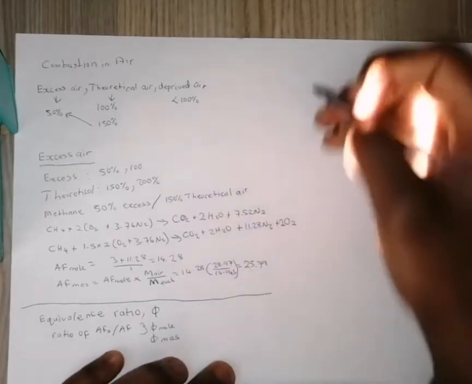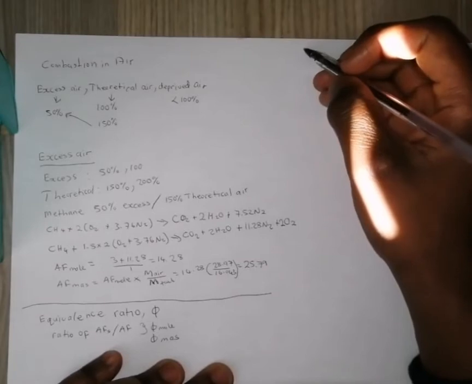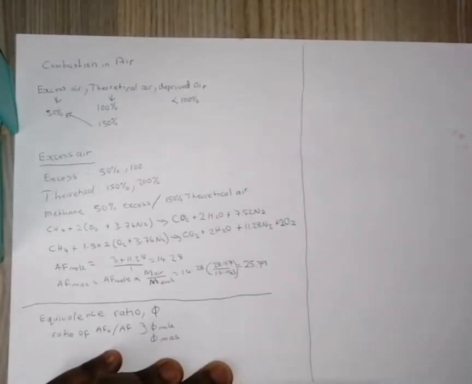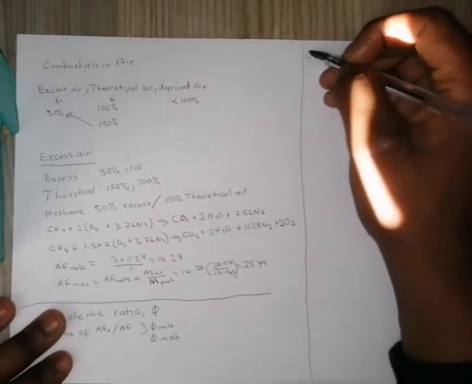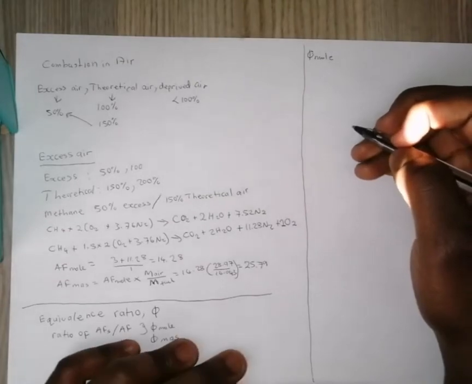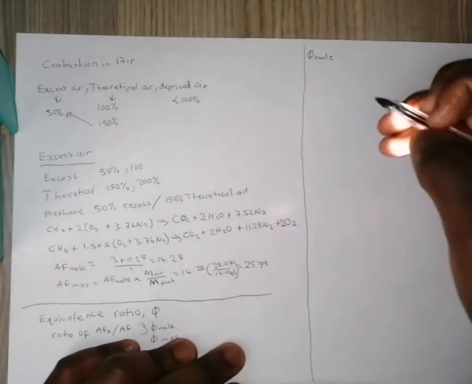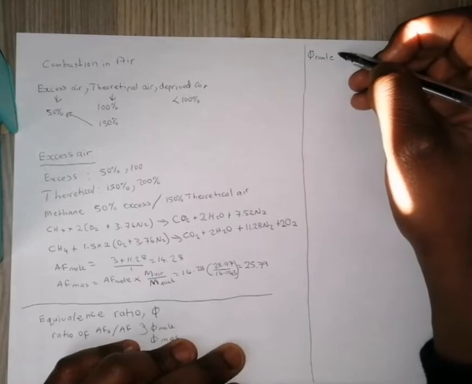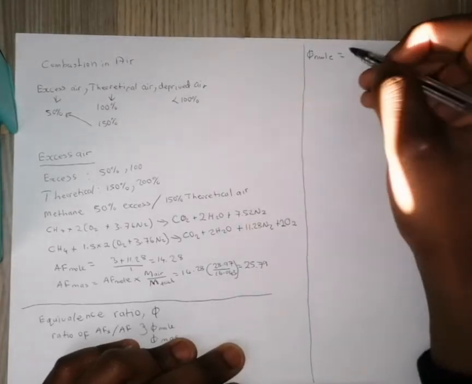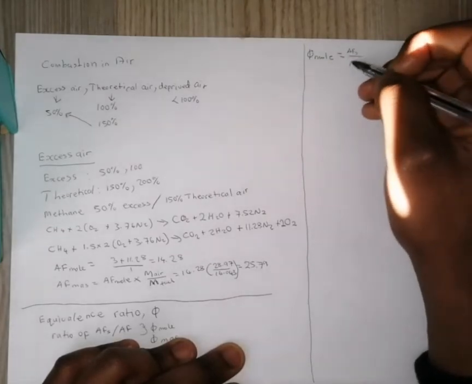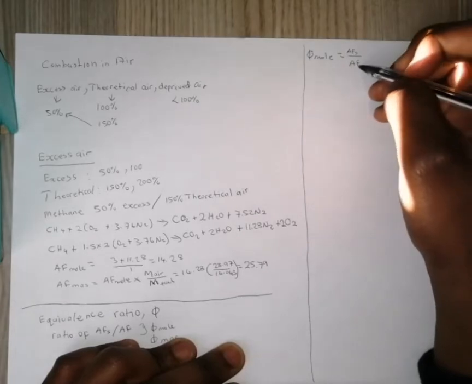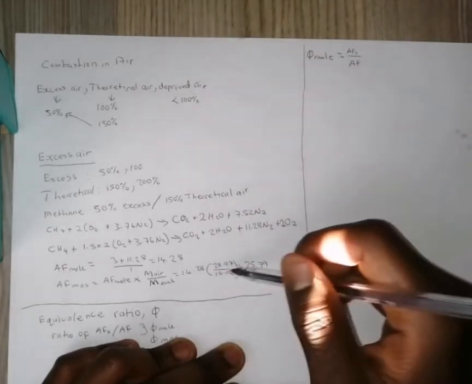So we're just going to solve examples using the equations that we already had. We're going to start with the mole equivalence, using the equations for methane. For mole we have AF standard over AF actual. The AF standard is the one we did at first, and the AF actual is the one we just worked out, which is here.